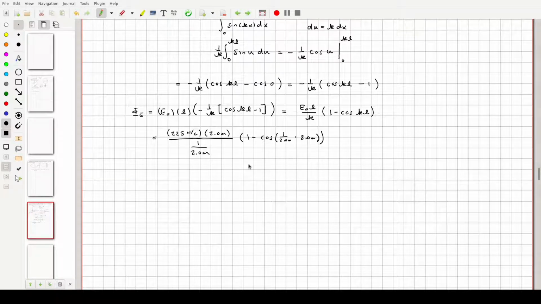So that's just cosine of 1. So let me plug the stuff in on my calculator. 225 times 2. That 1 over 2 brings the 2 up to the top. Then times 1 minus cosine of 1. And I get 0.137 newton meters squared per coulomb.